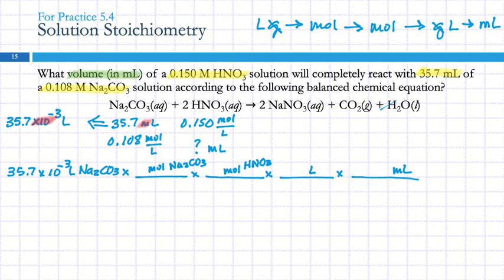So here I've got my liters coming down here, moles of sodium carbonate. Those are going to cancel out. And down here, I've got my moles of HNO3. And then down here, I'm going to have liters. I should cancel those.